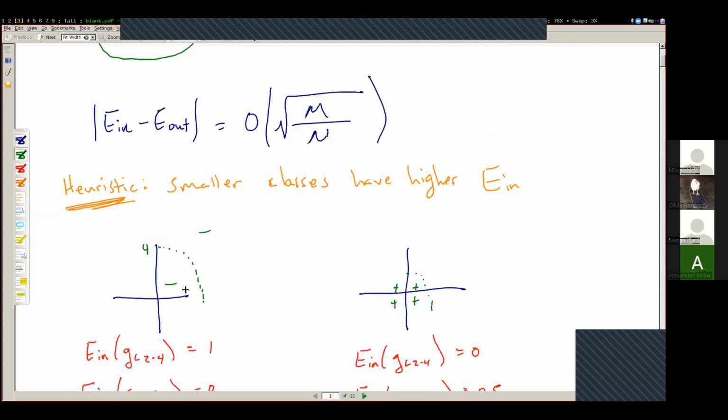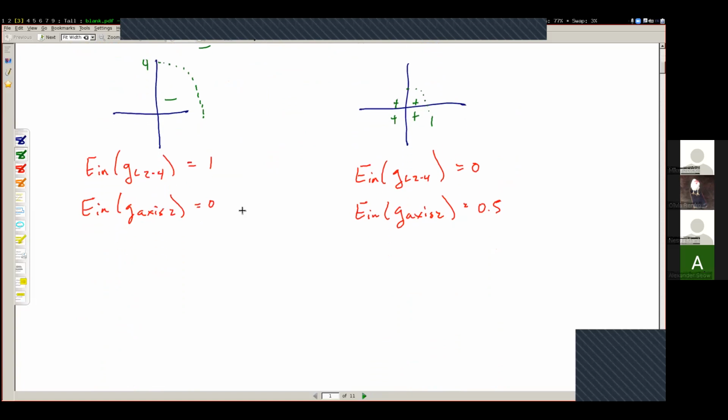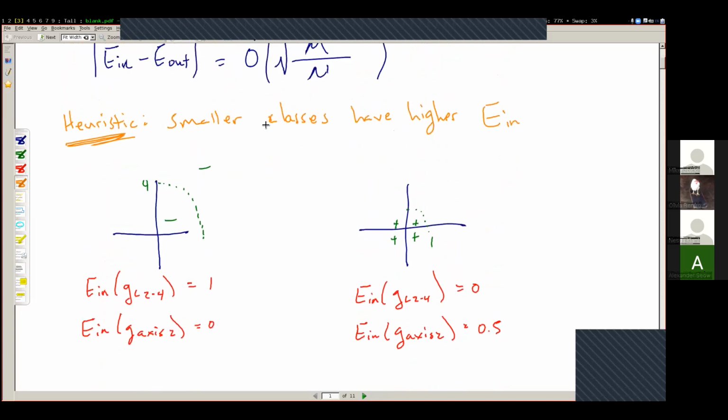Oh yeah, one last thing. What is the actual thing that makes this heuristic true? What do you actually have to have in order for this heuristic to be true? For the smaller hypothesis classes heuristic, the fully true thing is that if H1 is a subset of H2, that will imply that E_n of g1 is greater than or equal to E_n of g2.